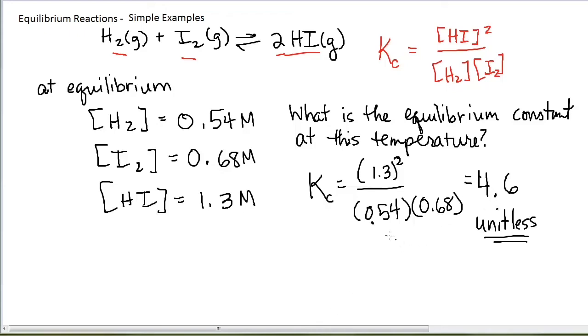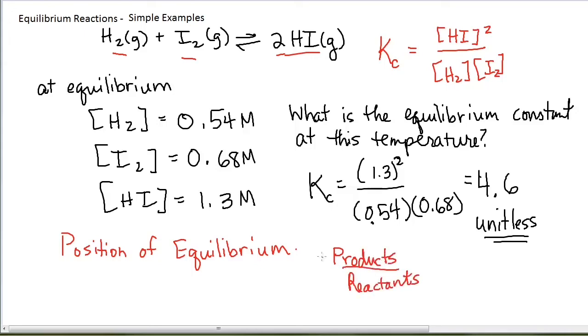The magnitude of the equilibrium constant, if we calculate it or are given it, gives us some information about the position of the equilibrium for the reaction. Since the equilibrium constant is always a ratio of products over reactants, it's not exactly products or reactants because I have some stoichiometric coefficients in there and I'm multiplying them all together, but you get the idea.